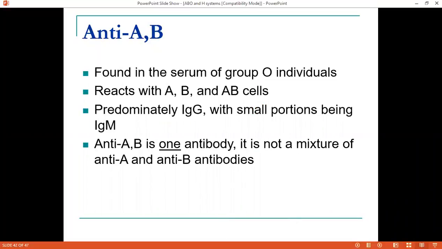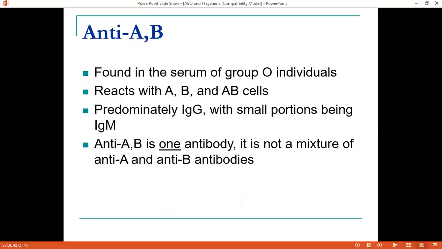Next antibody we're going to talk about is anti-A,B, and so this antibody is found in the serum of group O individuals. It reacts with A, B, and AB cells. It's predominantly IgG, and it has small portions of being IgM. And what you need to remember is that this anti-A,B is actually one antibody.